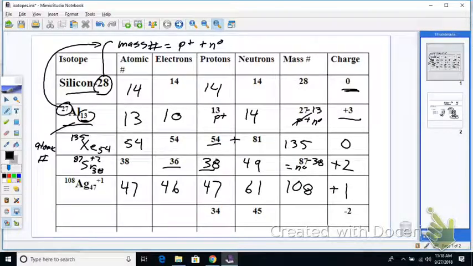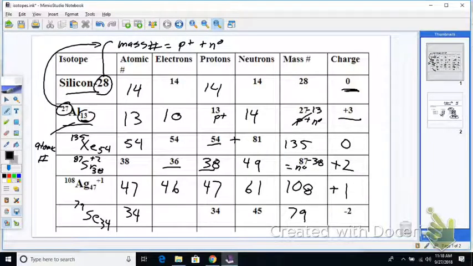The next one, we have protons is 34. Atomic number is 34. Okay. Element number 34 is good old selenium. Okay, so I'll put 34 down below. I'm going to add the two together, and that gives me what, 79? So then that becomes my mass number, 79.